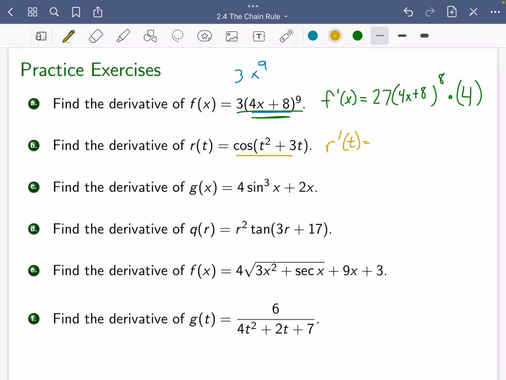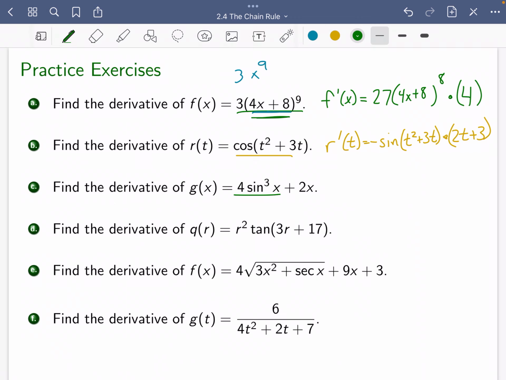And so we'll take the derivative of cosine, which is negative sine. The inside stays the same, and then we multiply by the derivative of the inside. Derivative of that inside is 2t plus 3. All right, let's keep rolling.